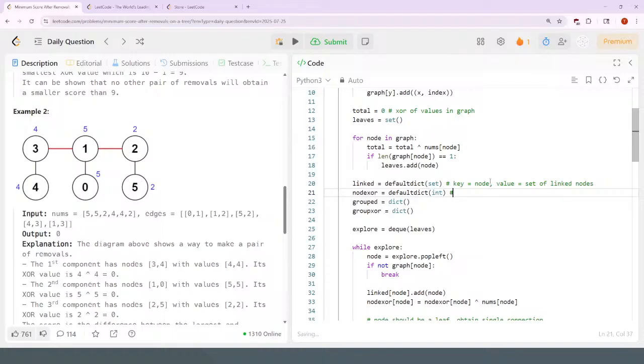And I'll also have a default dictionary of the XOR values, where the key is the node and the value is the XOR of linked nodes as well, up to that point of exploration.